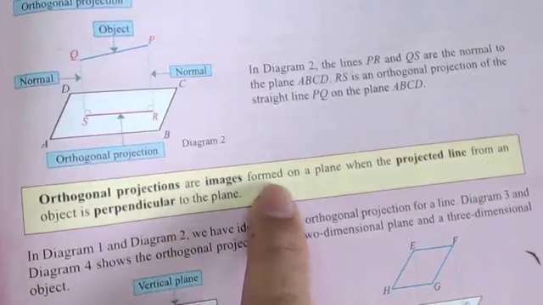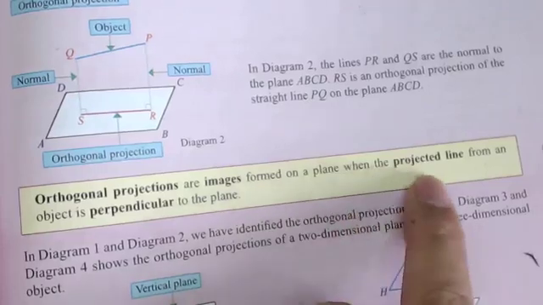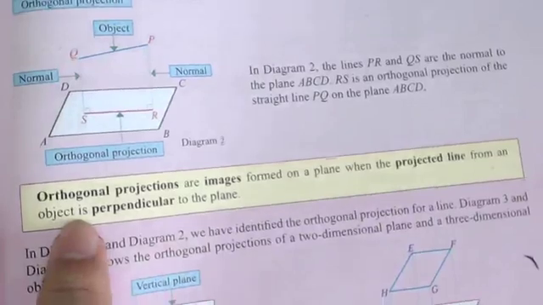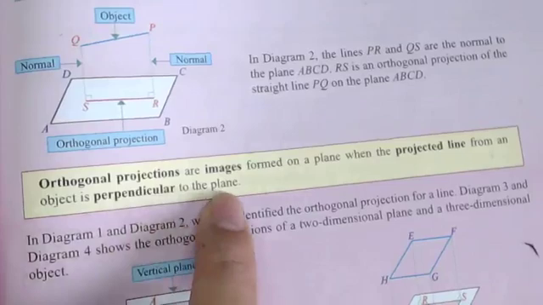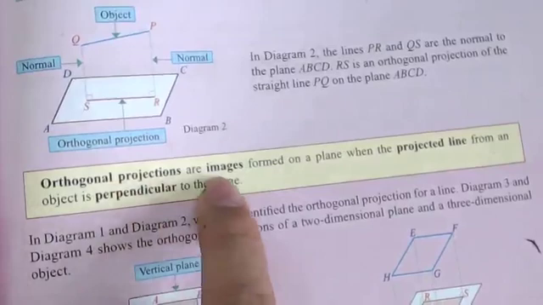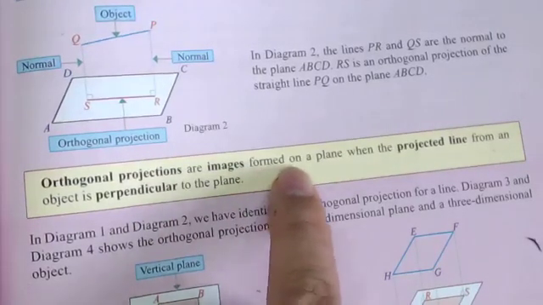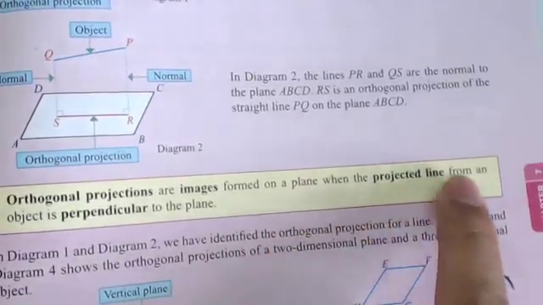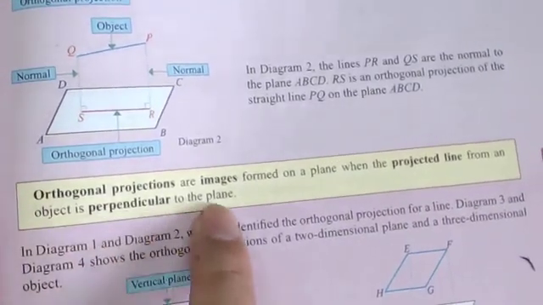Orthogonal projections are images formed on a plane when the projected line from an object is perpendicular to the plane.